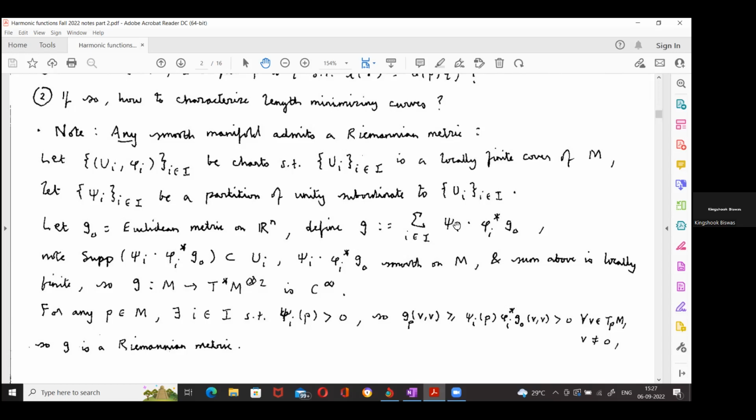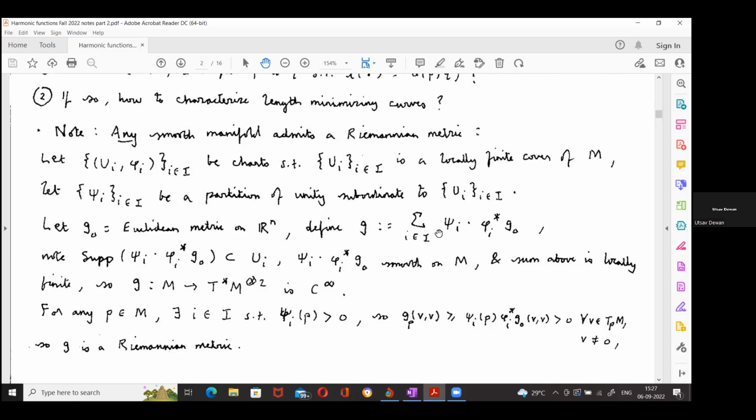And then I sum over I. And this sum is well defined because it's locally finite, right? Since I have a locally finite cover, only finitely many terms will be non-zero at any point. Is this clear?